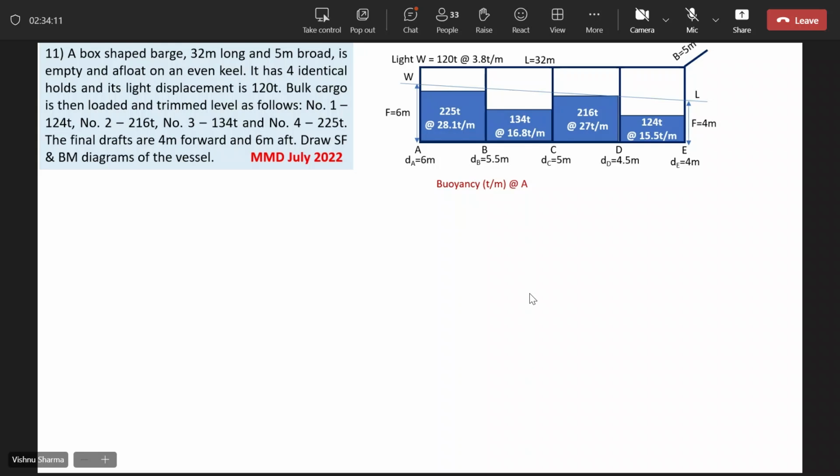How much length do we have to take? 1 meter. Multiplied by how much breadth? 5. Multiplied by how much draft? 6. And this is the underwater volume, then multiplied by density of seawater, correct? Because the density is not given in the question, correct? Am I right? Correct, sir. So this comes to 30.8 tons per meter. Am I right?